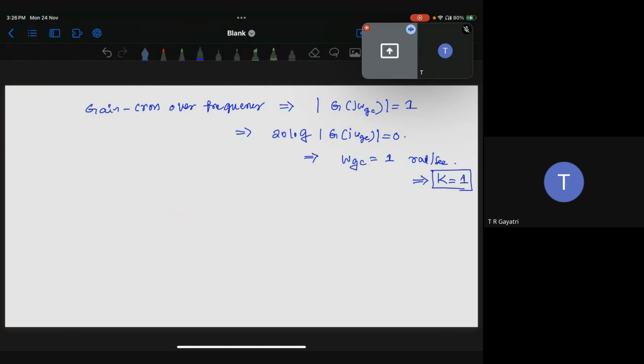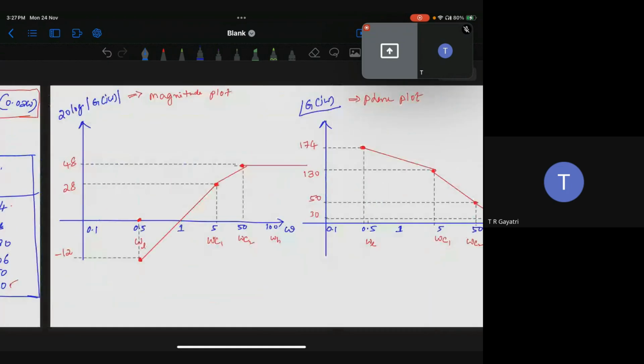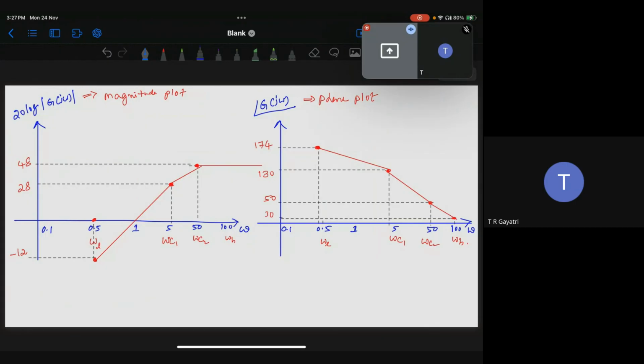Okay, so this is for the case when k is equal to 1. Now what is our question? We want our omega gc to be equivalent to 5 radians per second, so that G of j omega gc is equivalent to 1. Now 5 radians per second means this point.